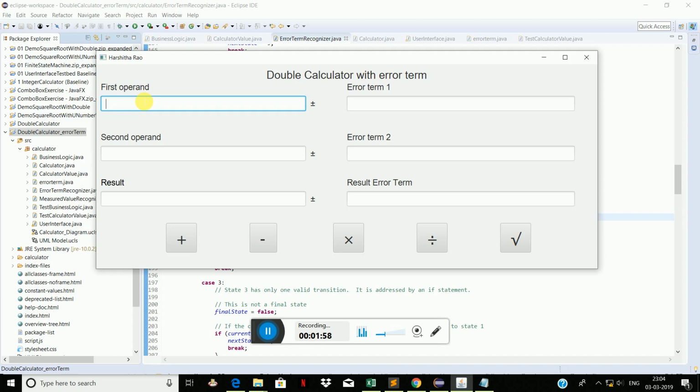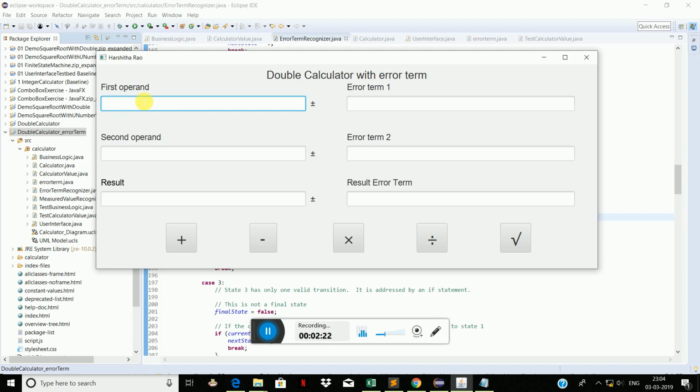The result error term doesn't give the significant bits if it is more than one or two, and we need to handle even that case. We handled that case too, where the error term result must be in scientific notation if it is beyond the limit.